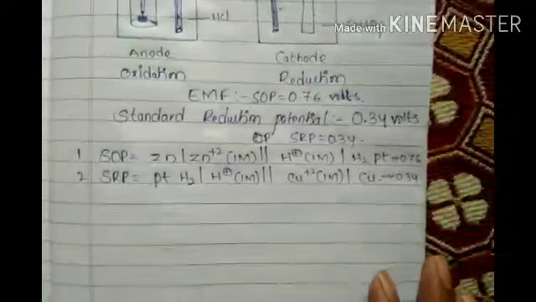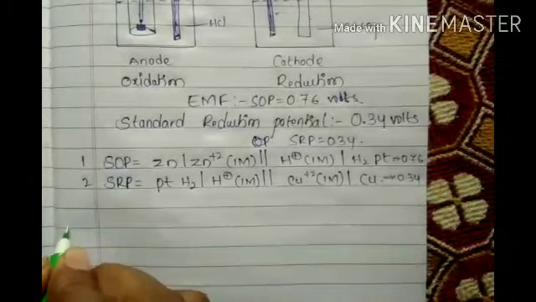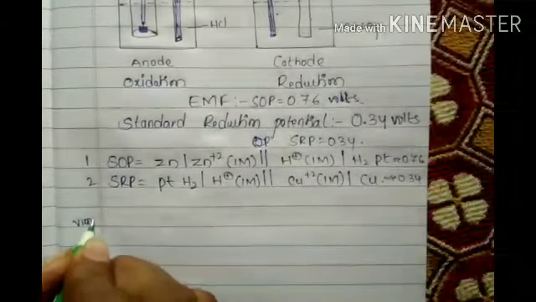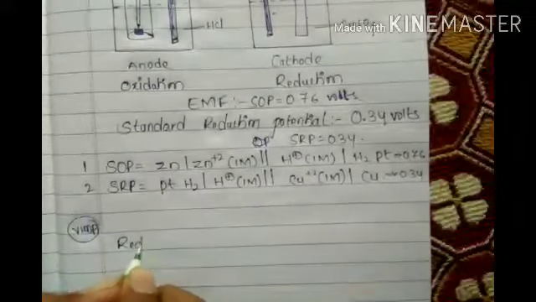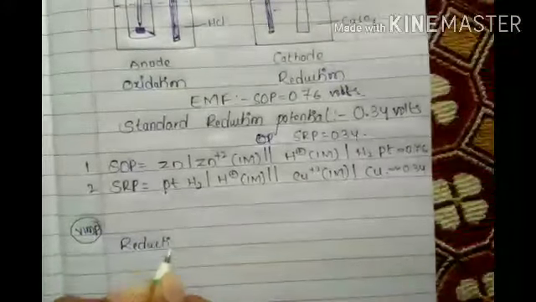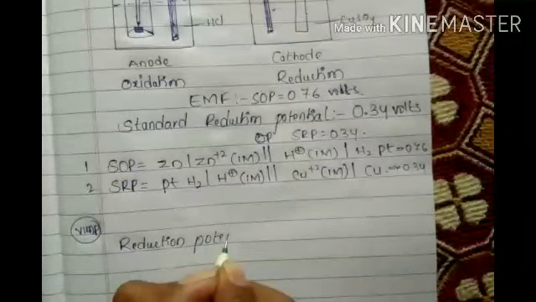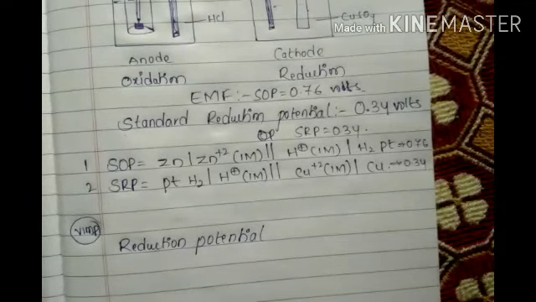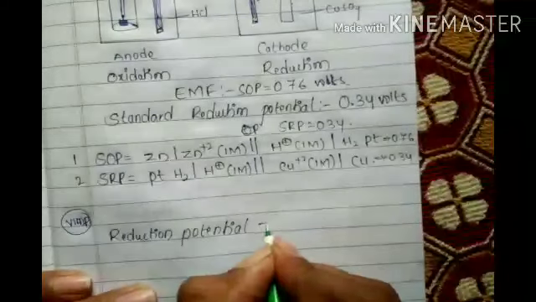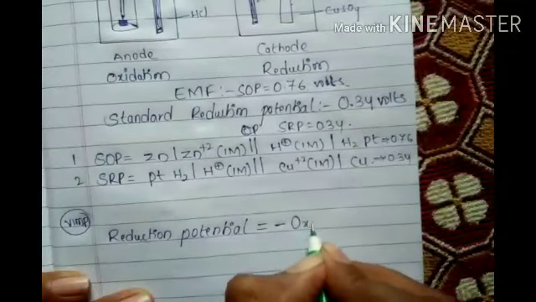The first formula, a very important one, is: reduction potential is equal to minus oxidation potential.